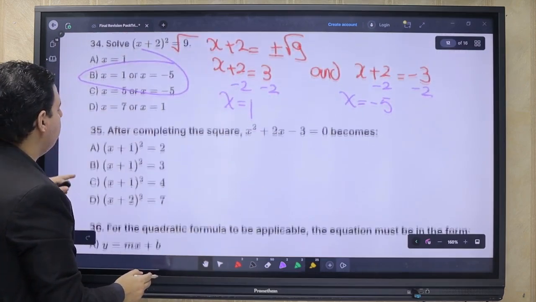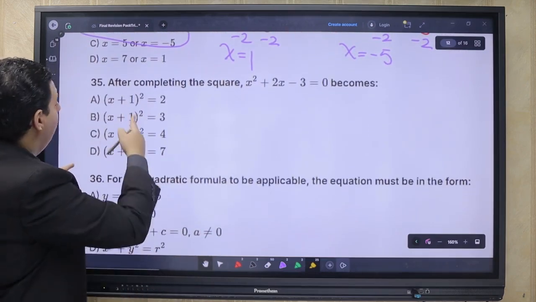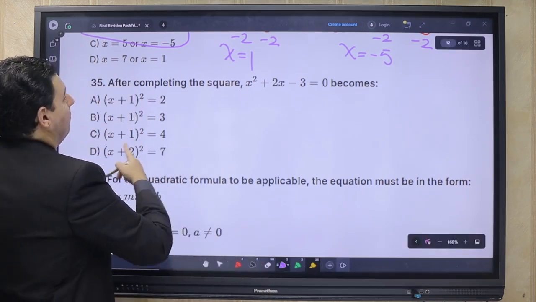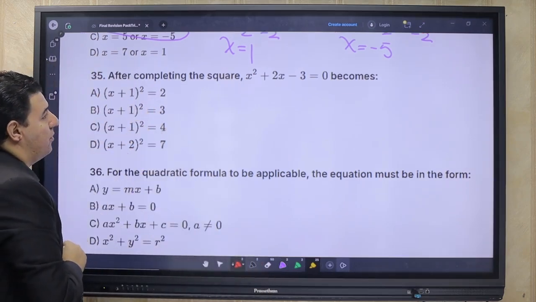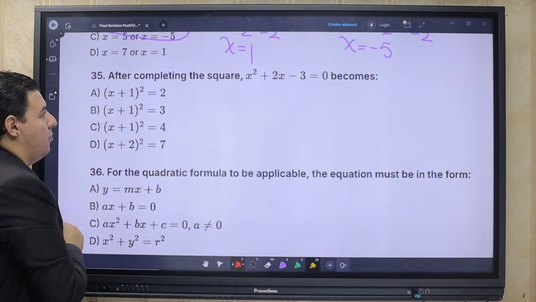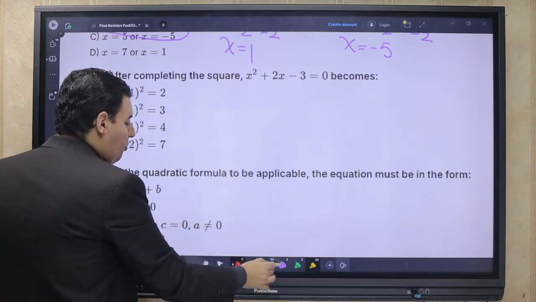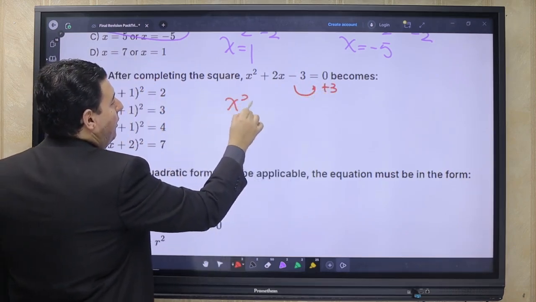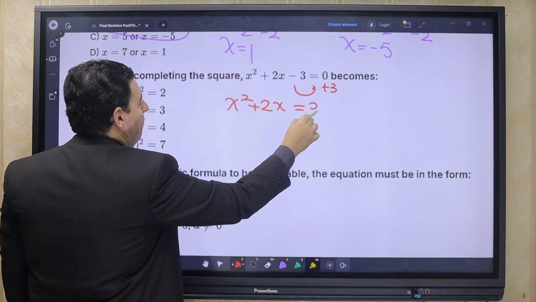Okay. After completing the square, x squared plus 2x minus 3 equals 0 becomes which one of these vertex forms? First, we move minus 3 to the other side as plus 3. So x squared plus 2x equals 3.